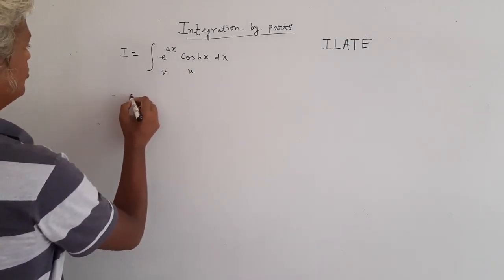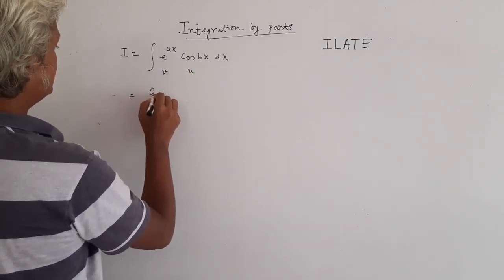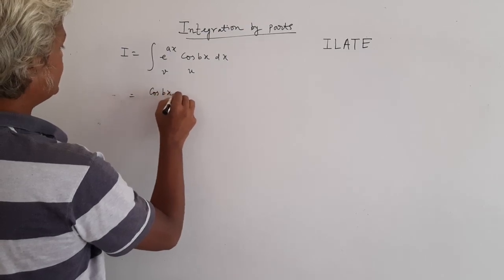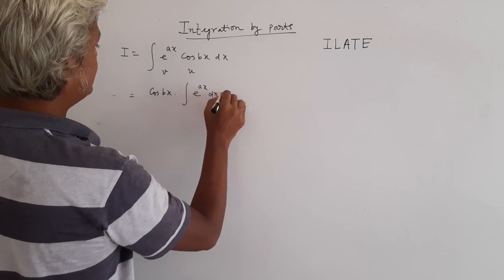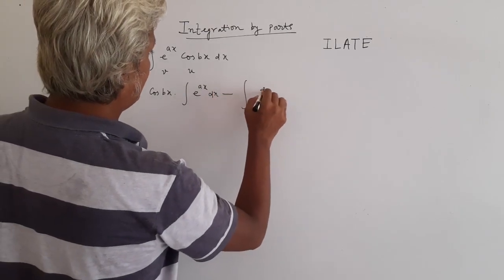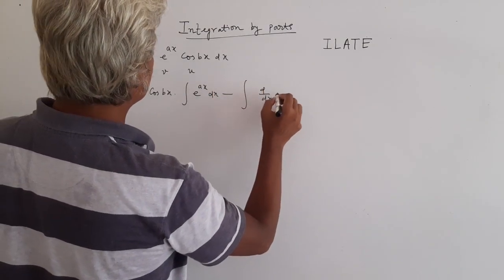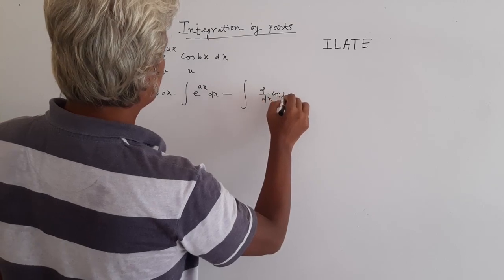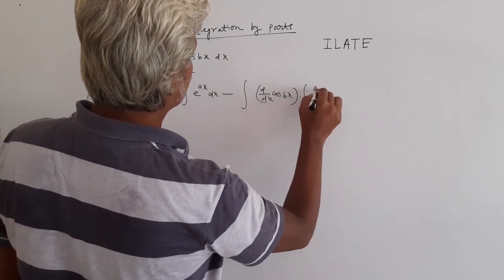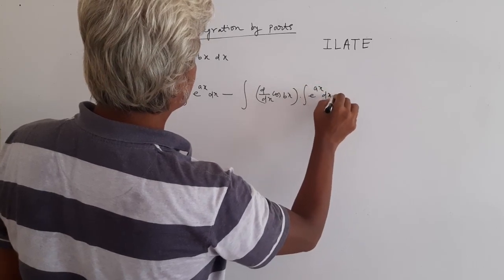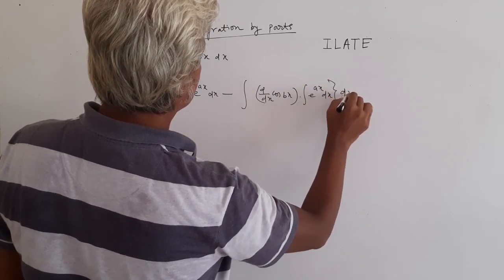So let's continue. Keep u unchanged. Cos bx into integration of e to the power ax dx minus integration of product of differentiation of cos bx into integration of e to the power ax dx.